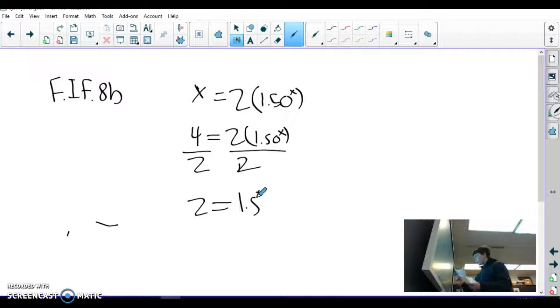And then because you can't divide it out if it has an exponent, you're gonna do log of this because it's an exponential equation. So you do log base 1.5 of 2 equals x.